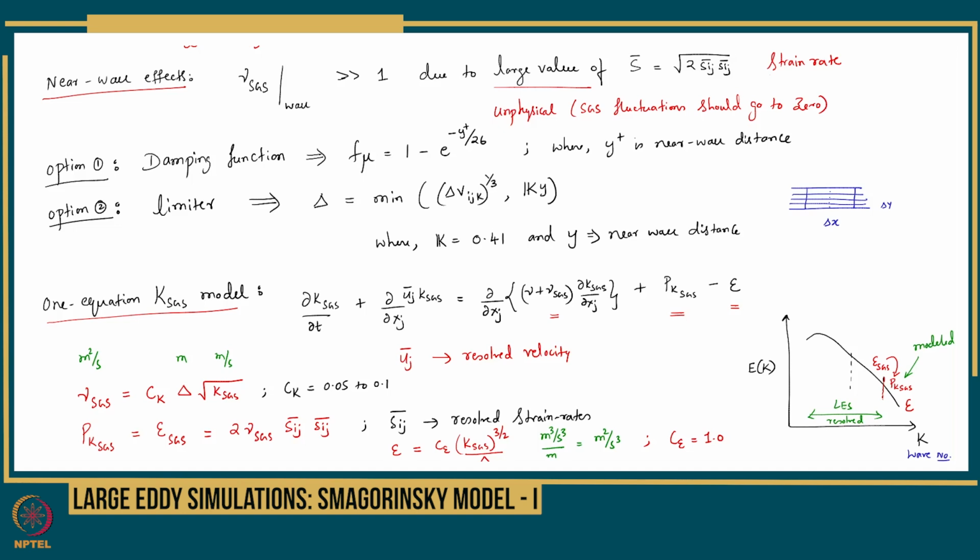Now the constant is fixed for a given case by the user, so it is static. Dynamic implies on the fly, that means when you are running the computation, you are going to compute that constant at each time step, at each iteration.